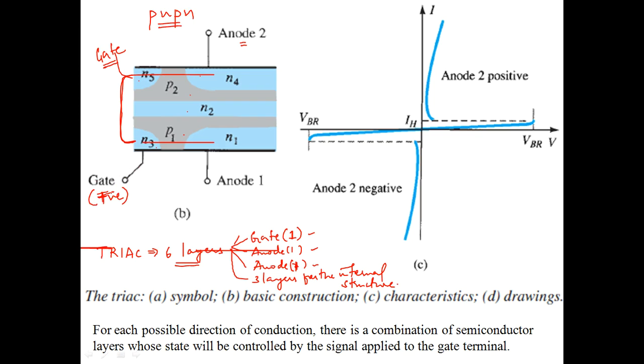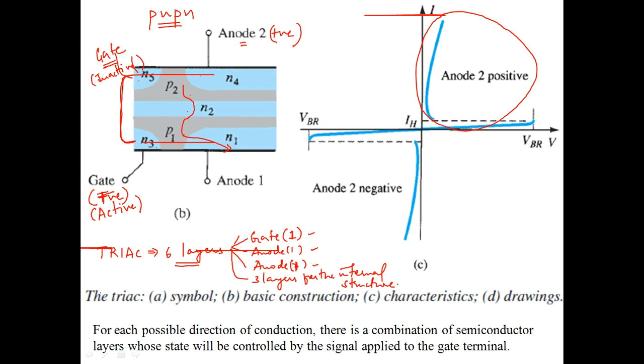If this is made positive, then this particular layer will be inactive because this particular layer of the gate will be active. Then if I want the characteristics in the first quadrant, then anode 2 must be made positive. When anode 2 is made positive, the current will flow through this direction. So it is P N P N.